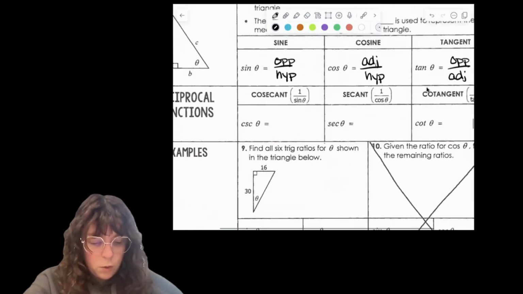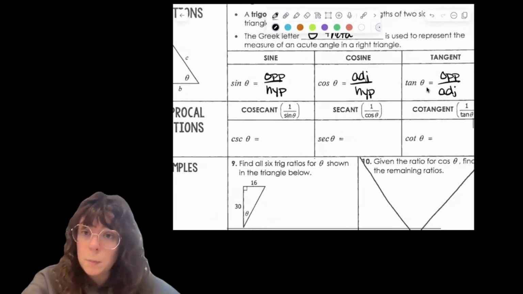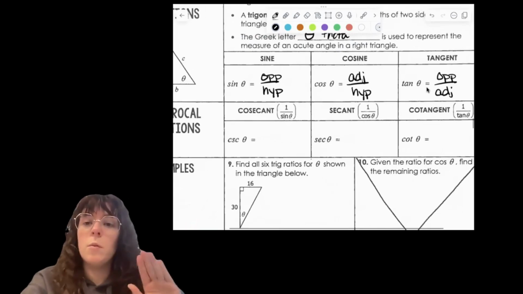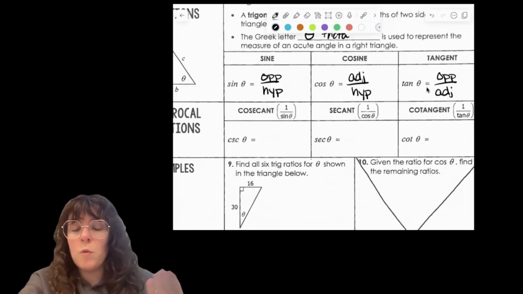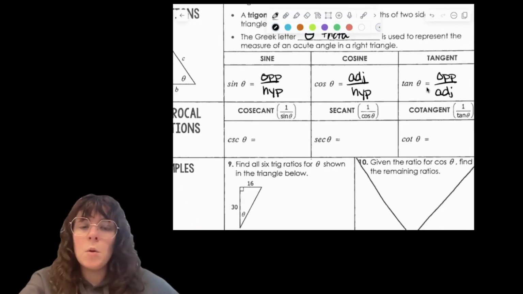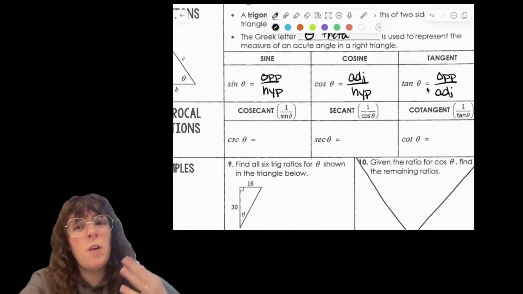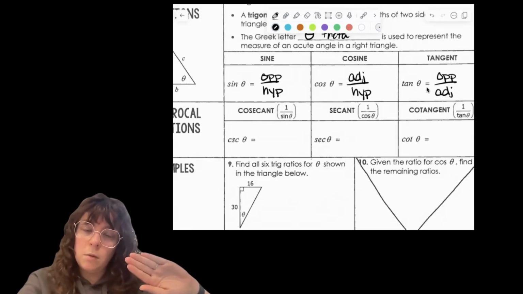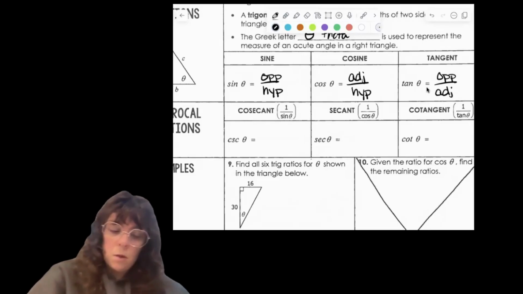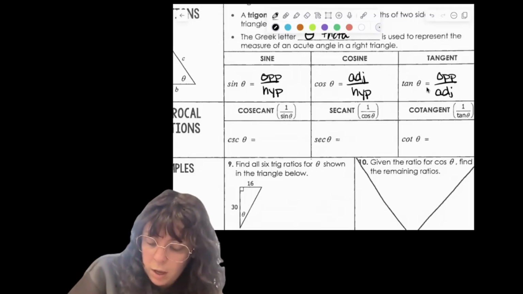We are also going to have the reciprocal functions, and the reciprocal just means the fraction flipped. You can write it as 1 over sine, but sine we know is opposite over hypotenuse, which would be a fraction over a fraction, which is really ugly. So you're just going to take sine and flip it. So we're going to have the cosecant, which is the hypotenuse over the opposite.